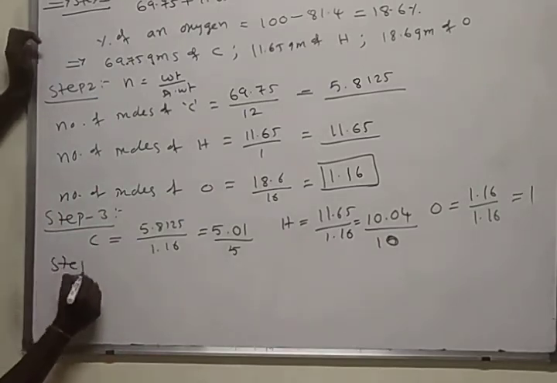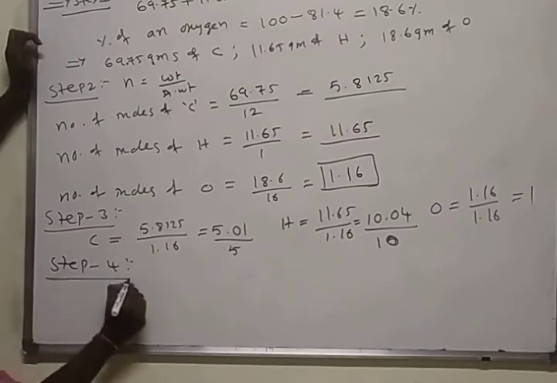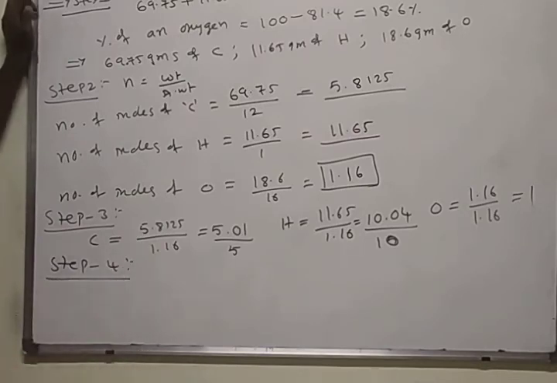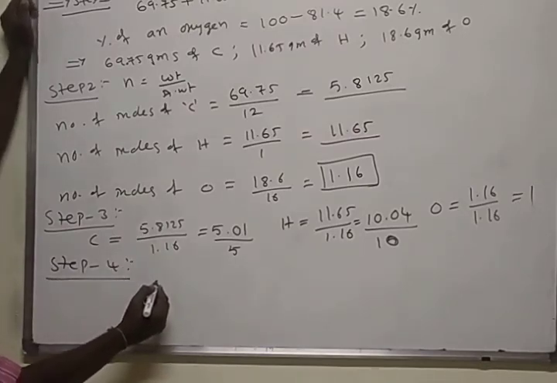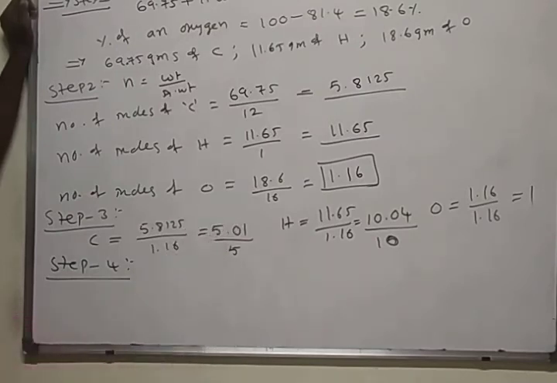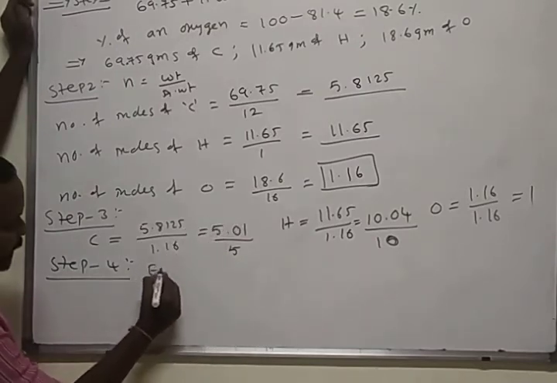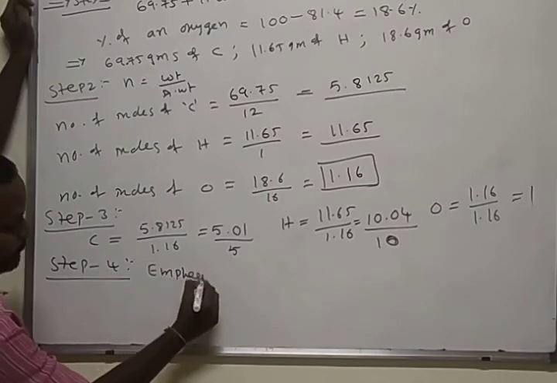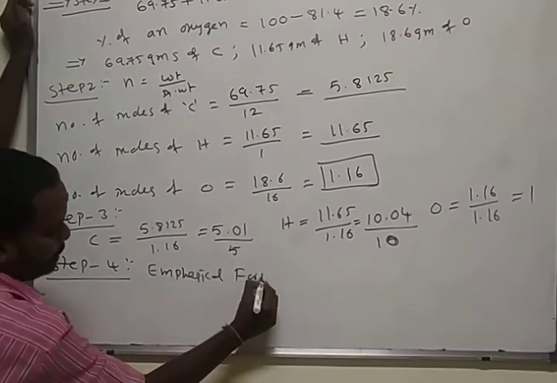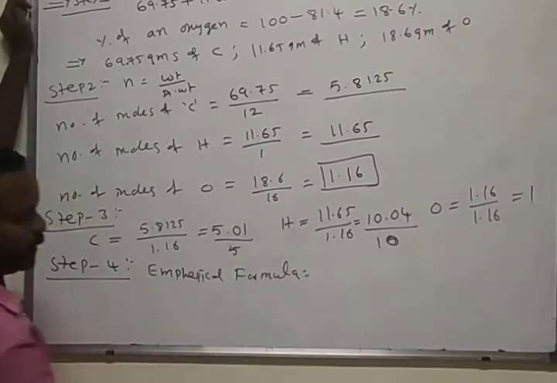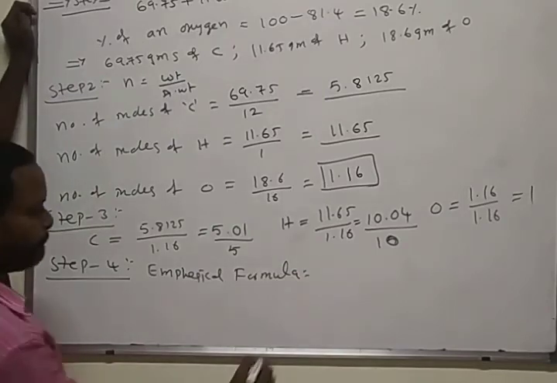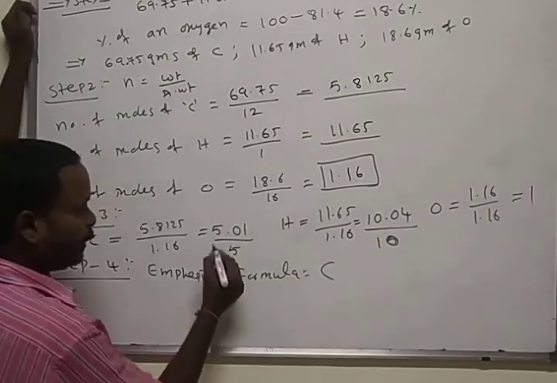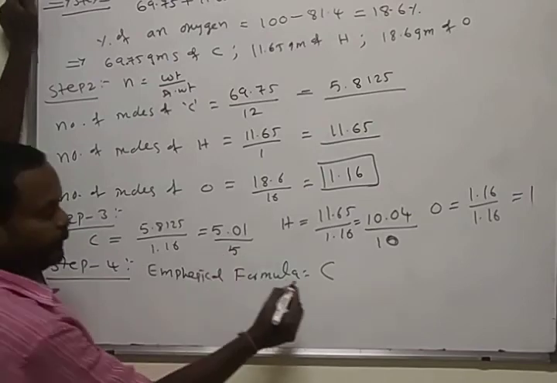Next, step 4: write the empirical formula based on atoms. How many carbon atoms are there? 5.